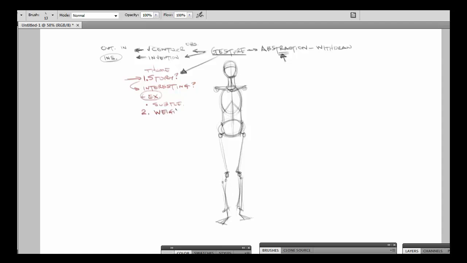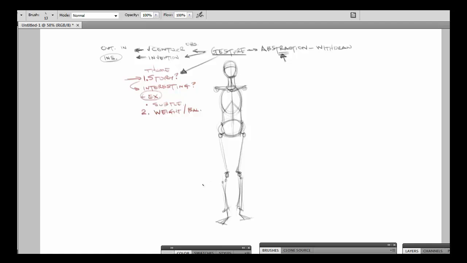So the second thing is the observance of weight and balance in the figure. This is incredibly important. As figures, we are machines that are in a constant state of compromise between weight and balance. And we'll look at a couple of examples for that.